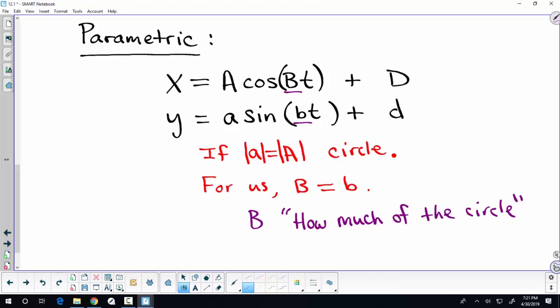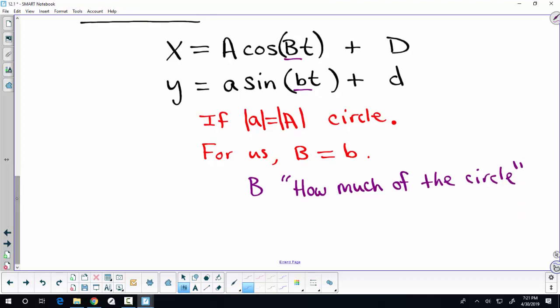So we said D was up and down depending on the sign of D. Those don't necessarily have to be the same, but what they affect is, if you can imagine that this is a circle, if we're going to move that up, down, left, right, according to left, right, x rather, and up, down according to y, the capital D and the lowercase d would affect the center of the circle. That's our vertical, horizontal translation stuff.